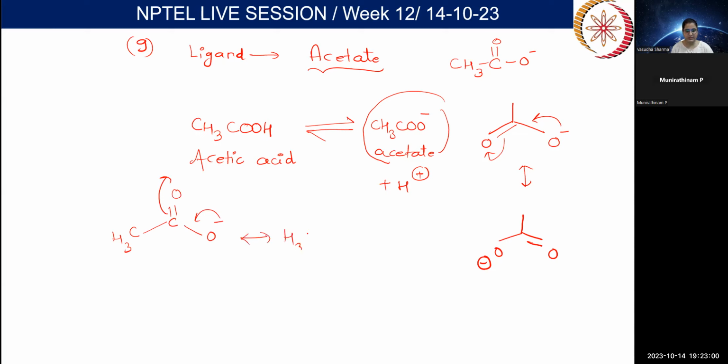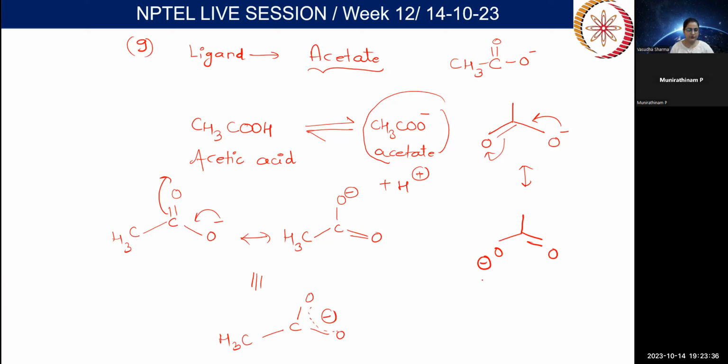It will form CH3, C double bond O. So now this will form negative and this will form double bond O. Now you can see the negative charge is between both the oxygens. So ultimately it will give you a resonance structure where this kind of negative charge shows that it is localized on both the oxygens.